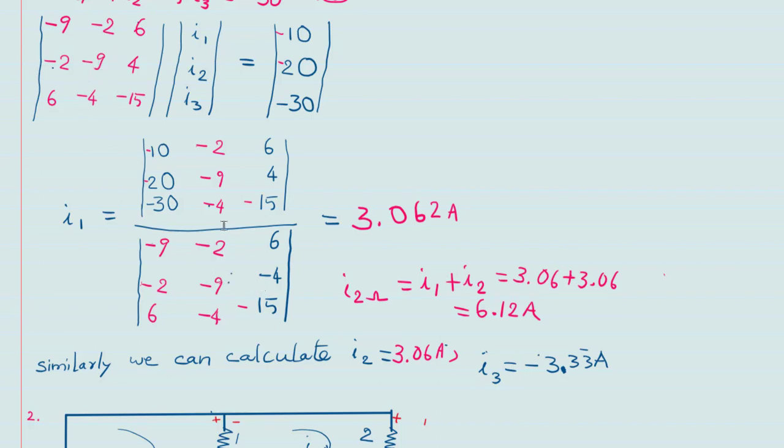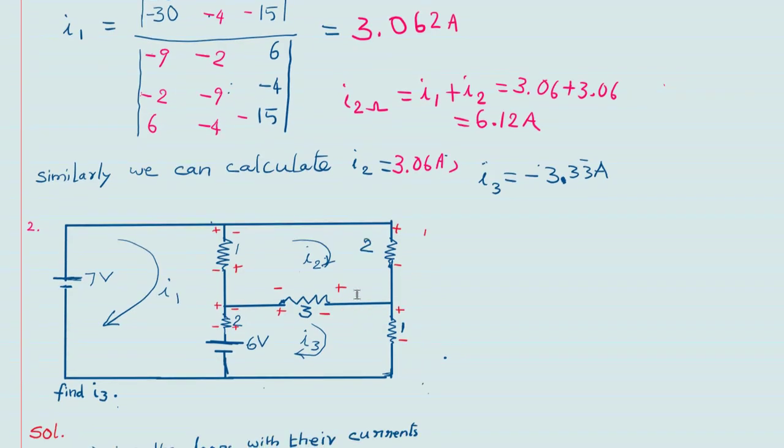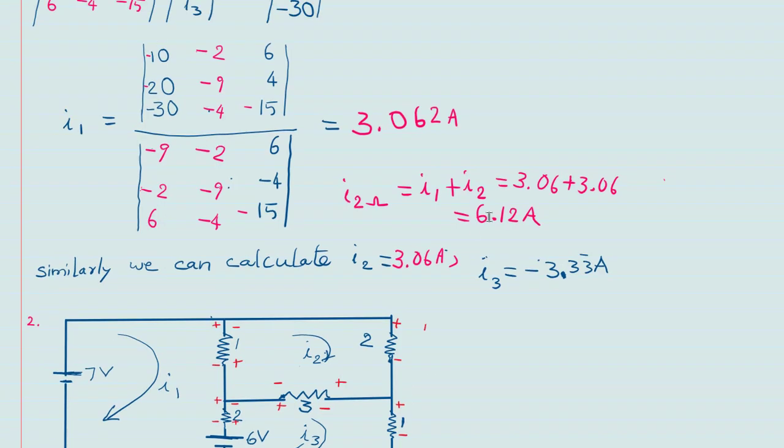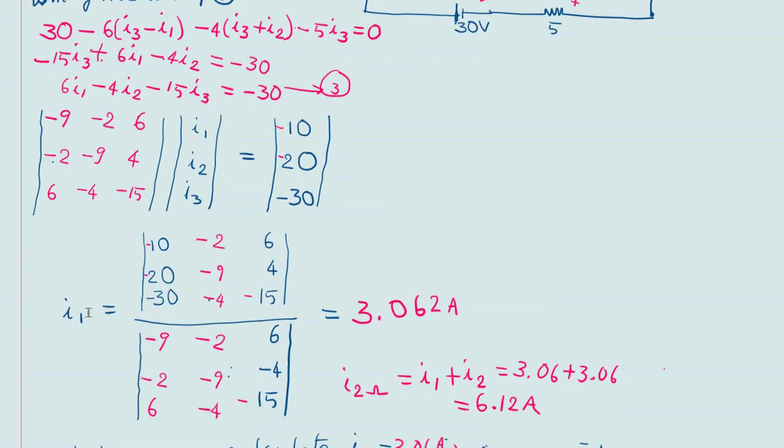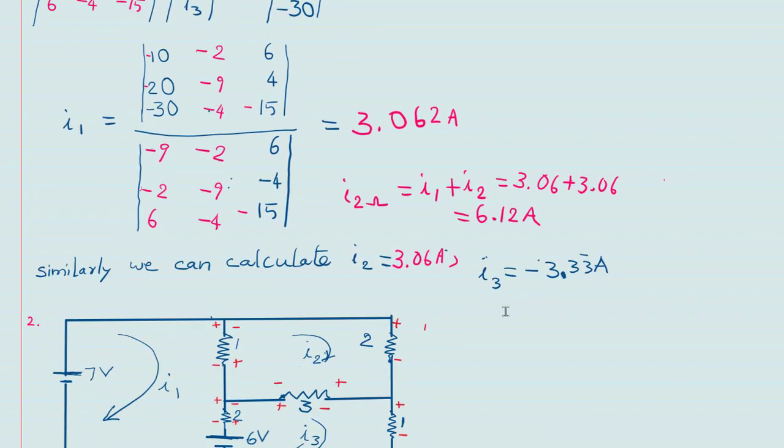So once we calculate that, we get I2 is equal to 3.06 amperes. Similarly, for I3 also we replace the third column with the right hand side matrix. So as usual we do the calculations. Once we do the calculations, we get I3 value as minus 3.33 amperes.